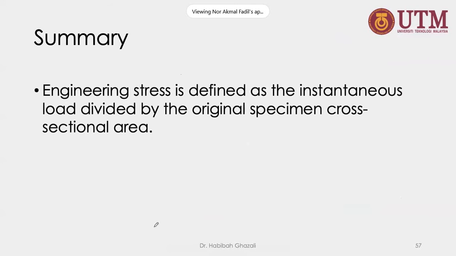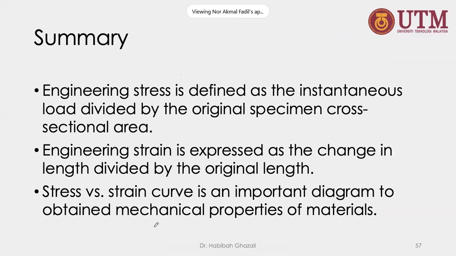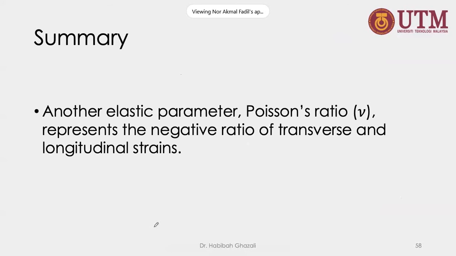So in summary, engineering stress is defined as the instantaneous load divided by the original specimen cross-sectional area. Engineering strain is expressed as the change in length divided by the original length. And the stress-strain curve is an important diagram to obtain mechanical properties of materials.